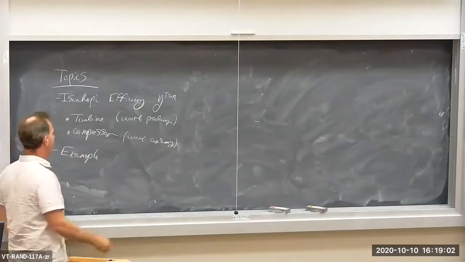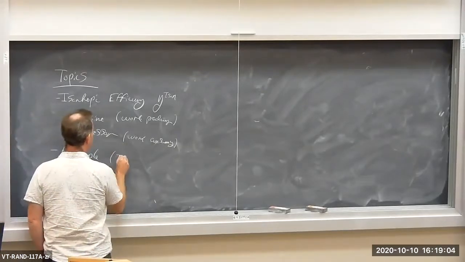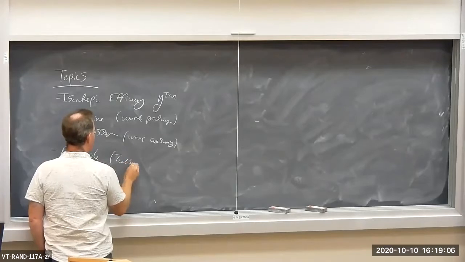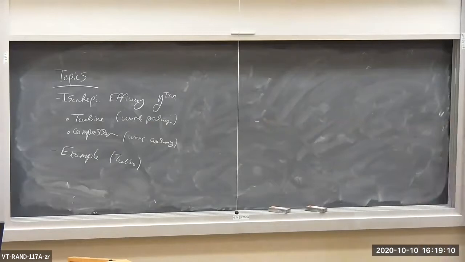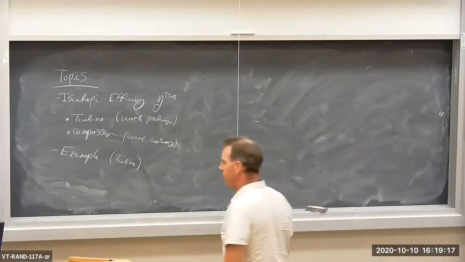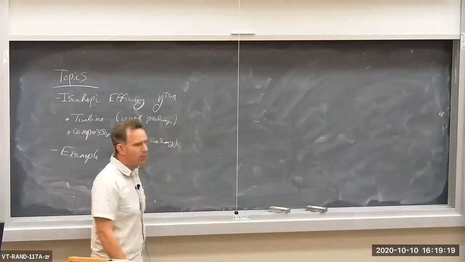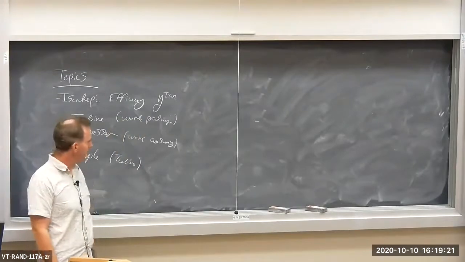And then we'll do an example involving isentropic efficiency for a turbine. We'll do an example today showing you how to use isentropic efficiency to calculate the actual work or power produced by a real turbine, one that contains all sorts of irreversibilities, okay?